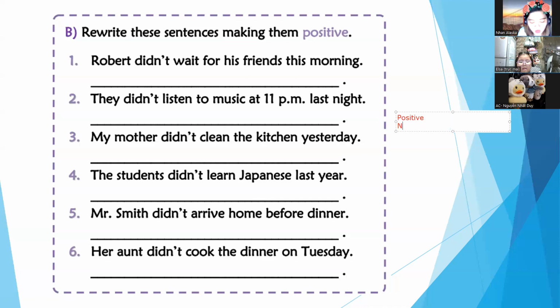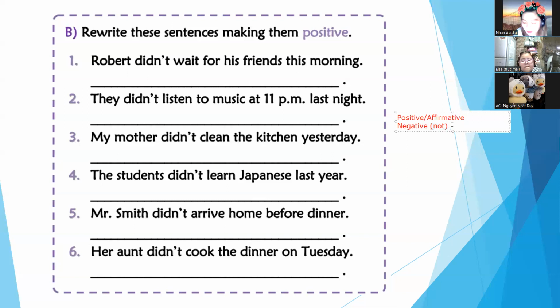We have the negative, wherein we accompany it with the word not. Robert didn't wait, didn't listen, didn't clean, didn't learn, didn't arrive, didn't cook. Meaning anything that has not in English is automatically in its negative form.